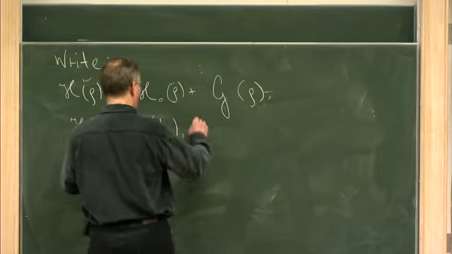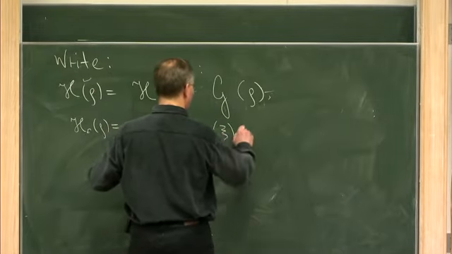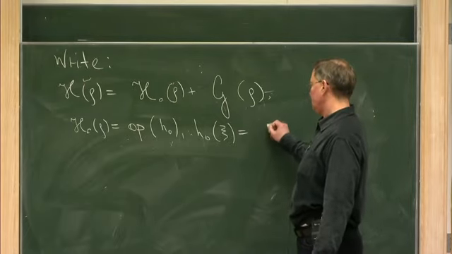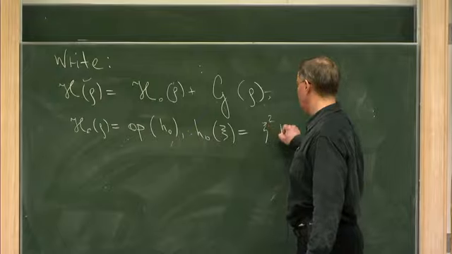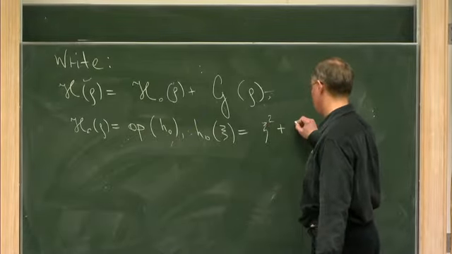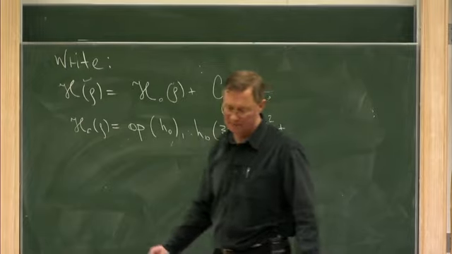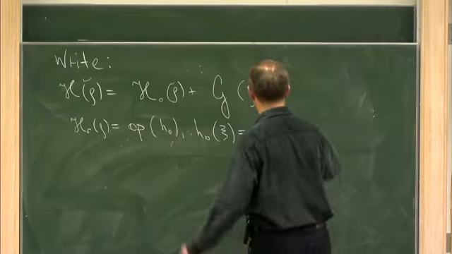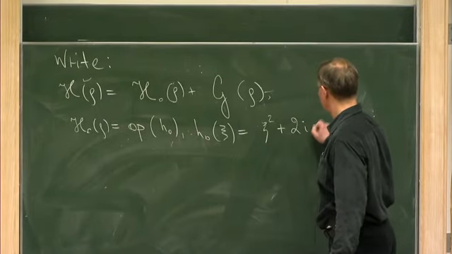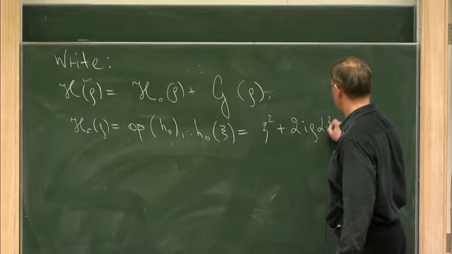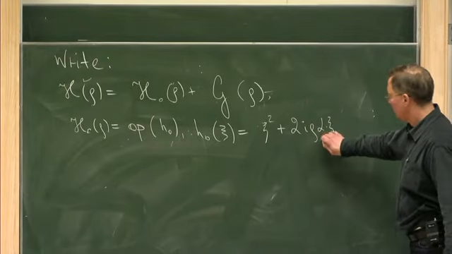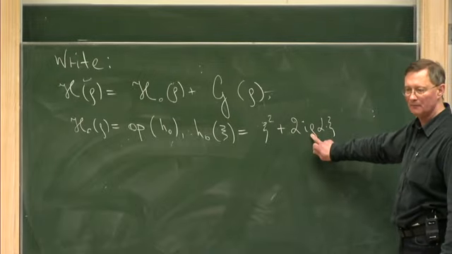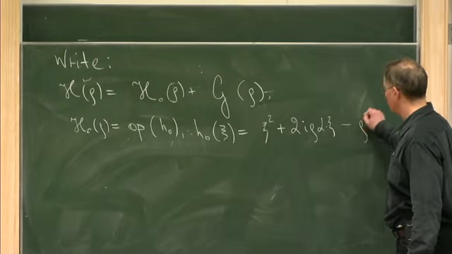H naught will be psi squared plus or minus alpha times psi. Rho is here, we can't do anything about it, minus rho squared.